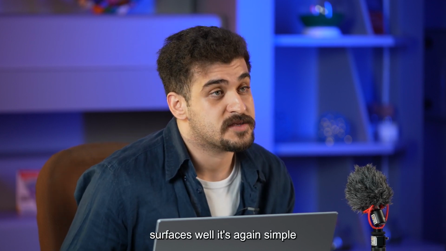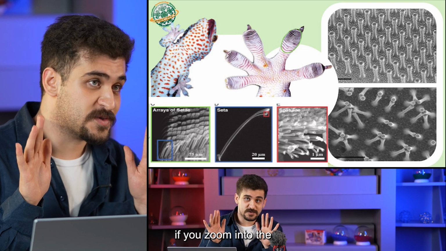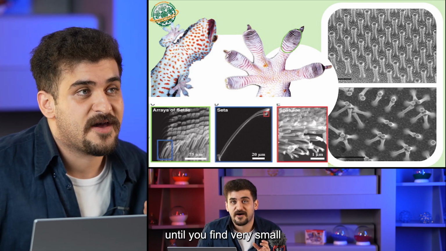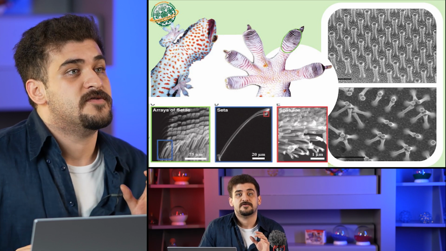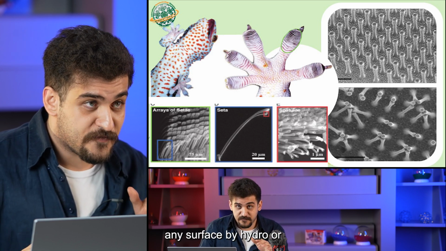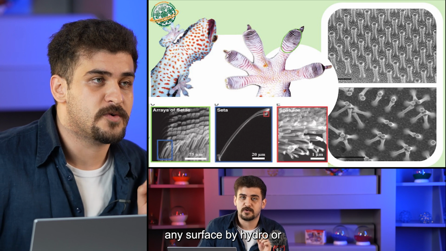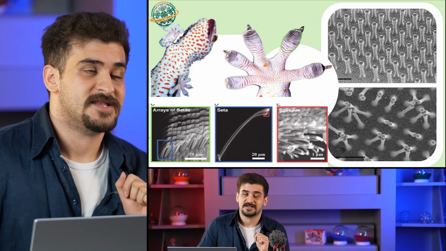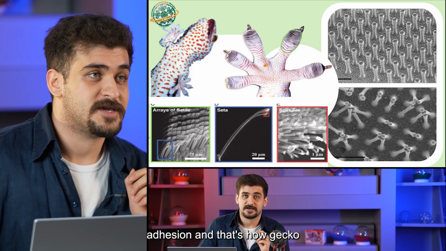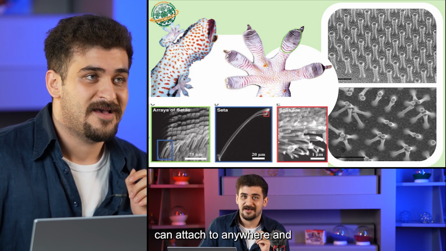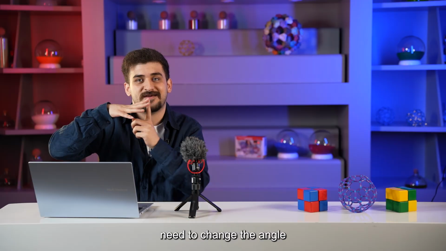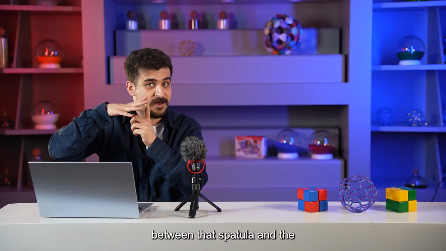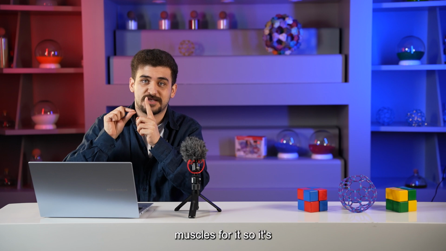Well, it's again simple. If you zoom into the gecko's fingers, you find very small spatulas on those setae. They will be connected to any surface by hydro or electrostatic adhesion, and that's how a gecko can attach anywhere. For detaching, it just needs to change the angle between that spatula and the surface, and it has some muscles for it.